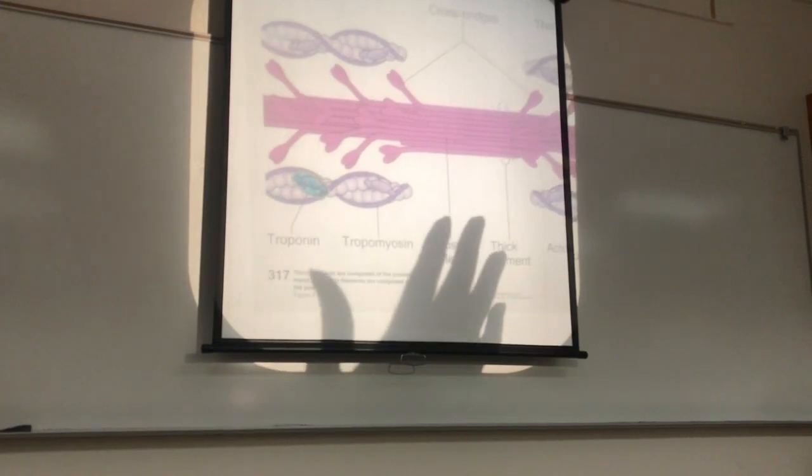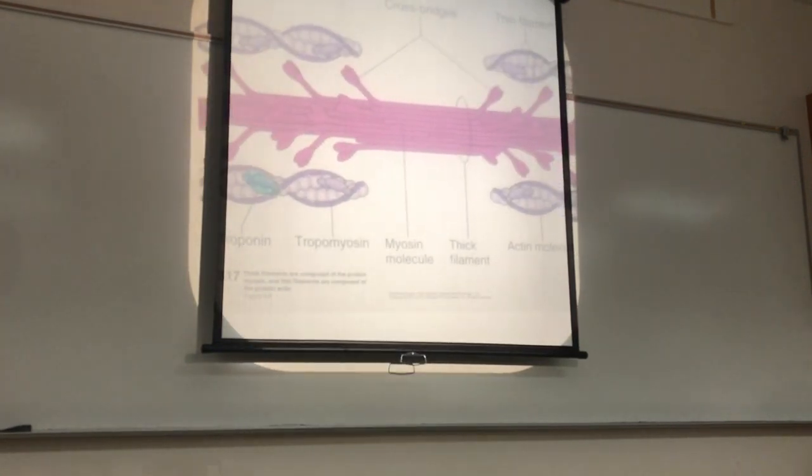So here we have a very close-up picture of thick and thin filaments. Thick filaments, shown here, are made of many, many individual molecules of a protein called myosin.